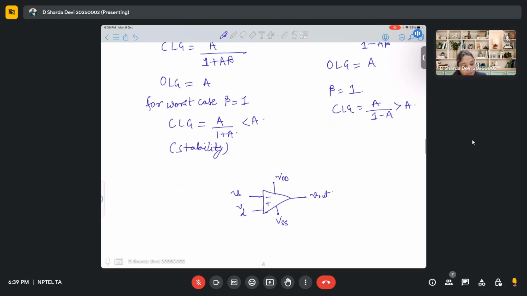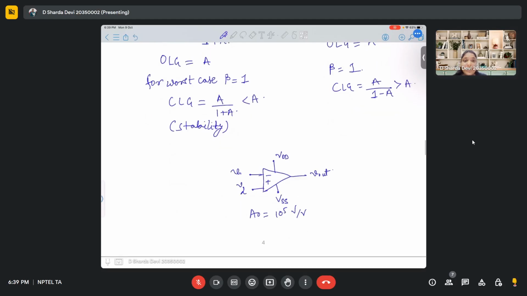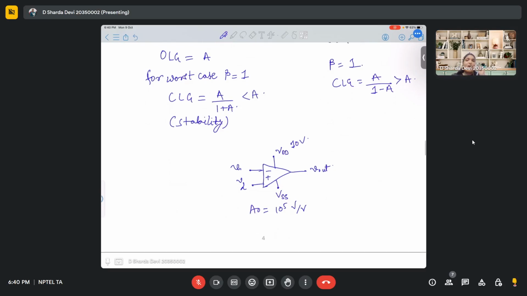Now, if your gain earlier, A naught, which is the open loop gain, was 10 to the power 5 volts per volt, and your VDD is say 10 volts, how small should your input signal be so that your output gives you a linear scaling rather than saturating?